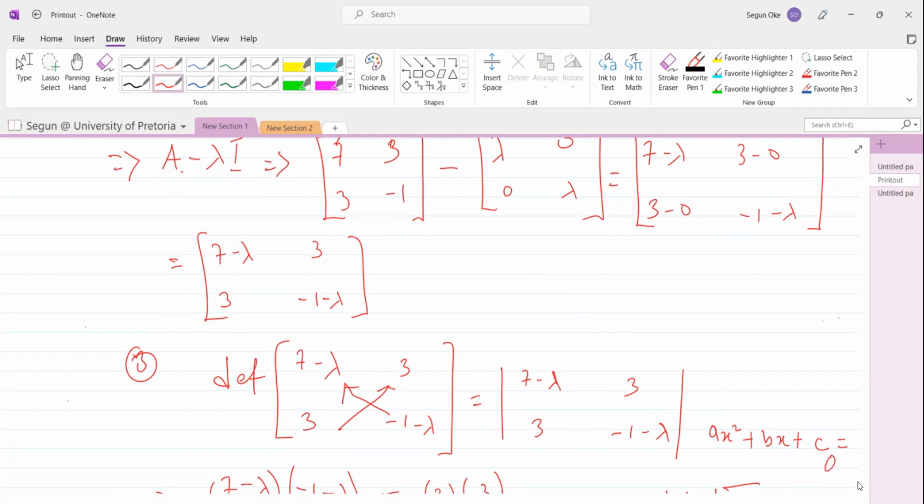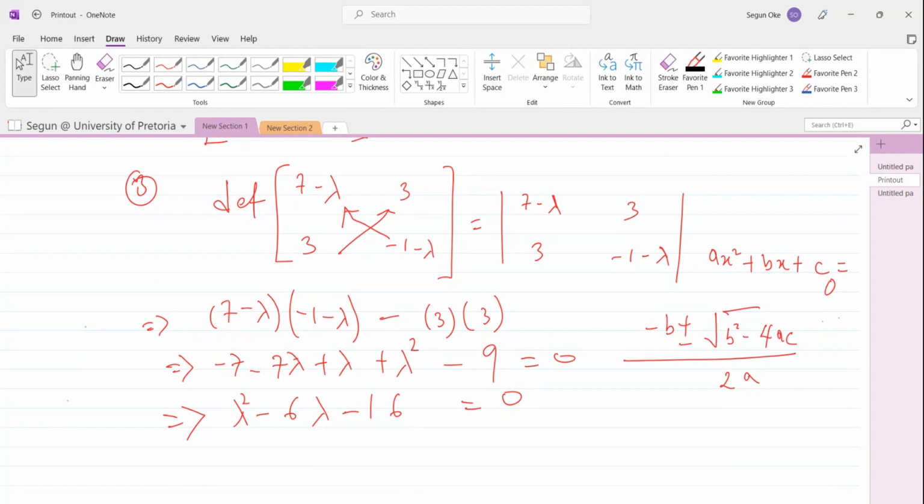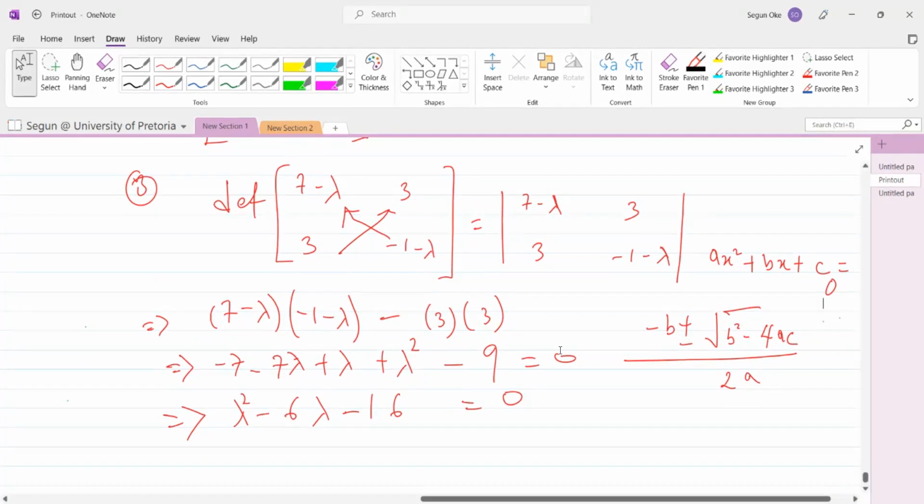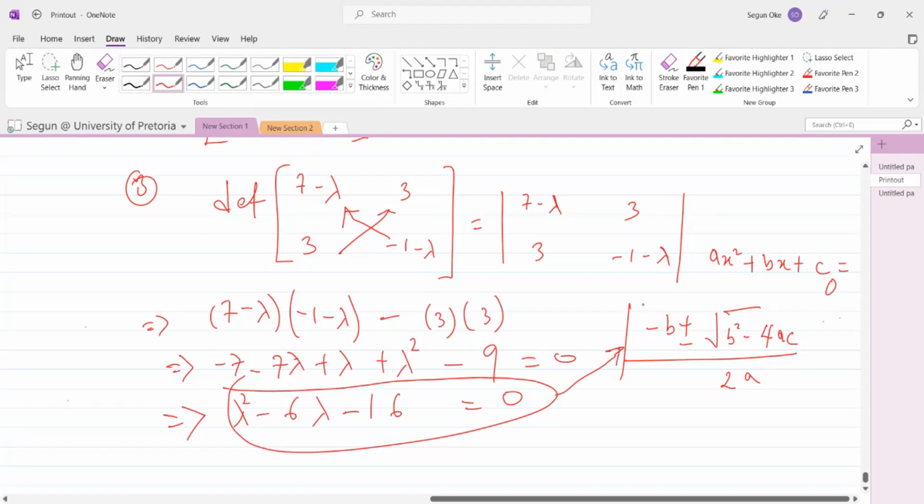So we now equate, we do the same thing: let our equation equal to 0 so that we can find the lambda. You understand now? From here, we can use this method or use the factorization method.